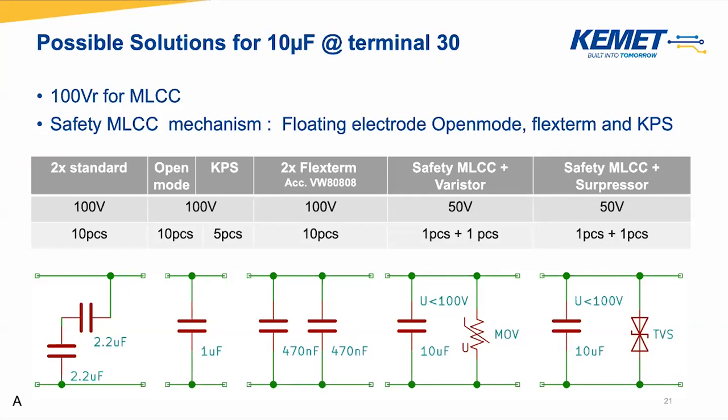Then you have the other safety mechanisms, open mode and KPS, where KPS is the version with the metal bracket. Open mode, we offer a 1 microfarad 100 volt open mode in 1210, so also roundabout 10 pieces, and we can do a 2.2 microfarad 100 volt part in a KPS, and then you need only 5 pieces.